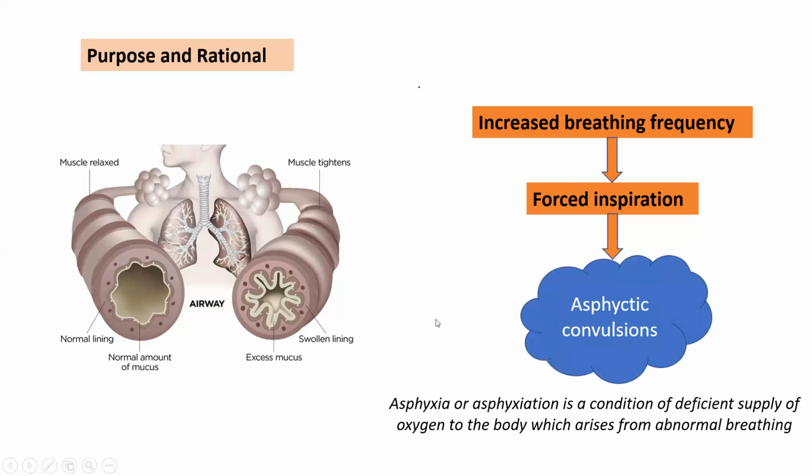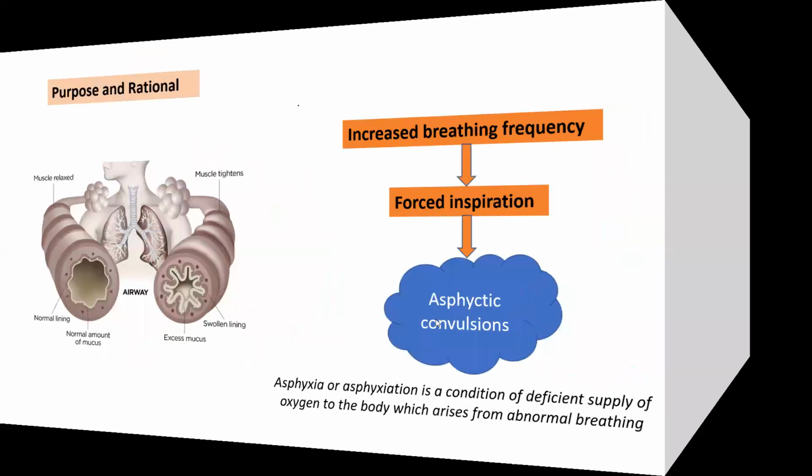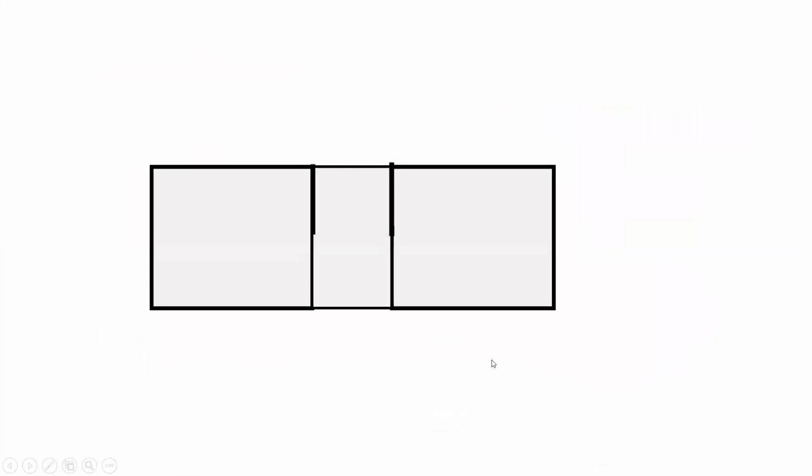So, how this experiment is carried out, just see. In this case, you need a box which is divided into three parts, part A, B, and C. This box will be transparent so that you can observe the activity or note down the responses in the animal.